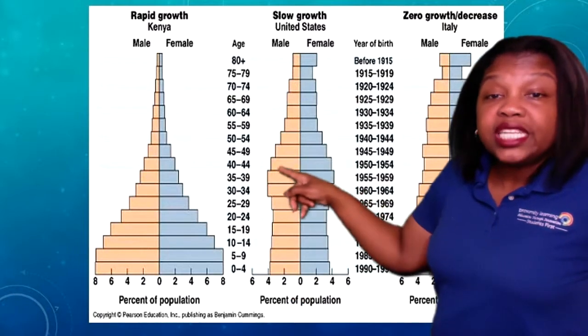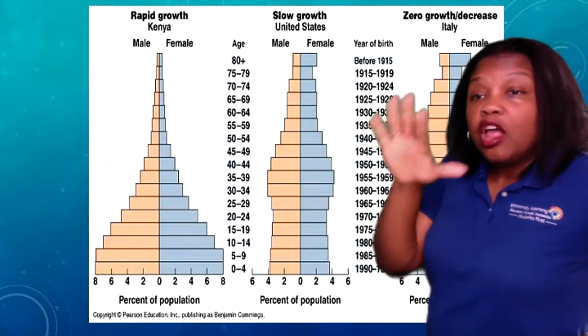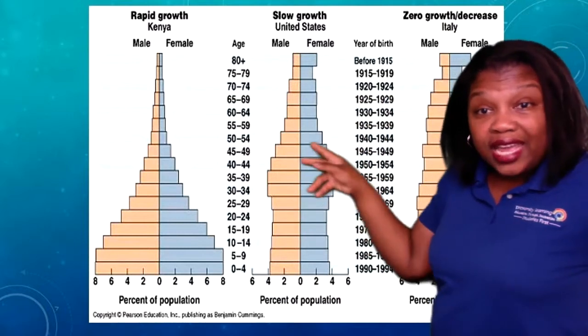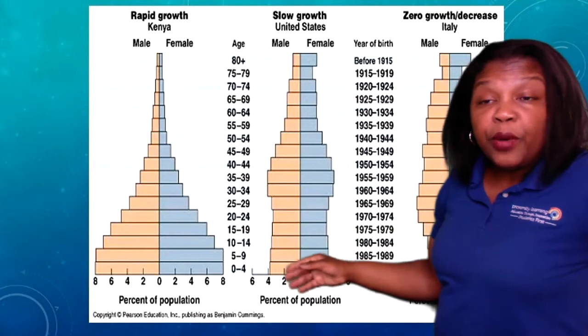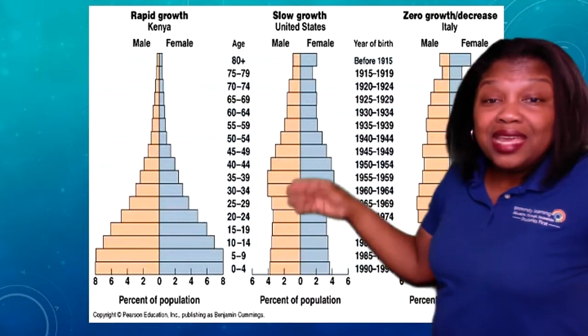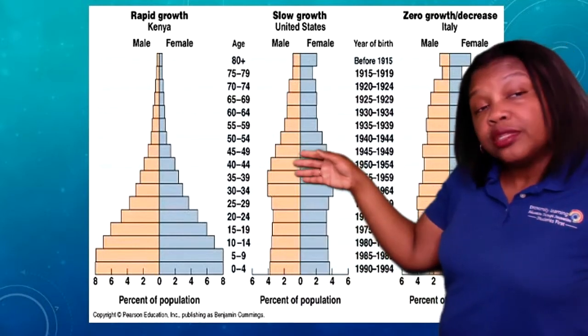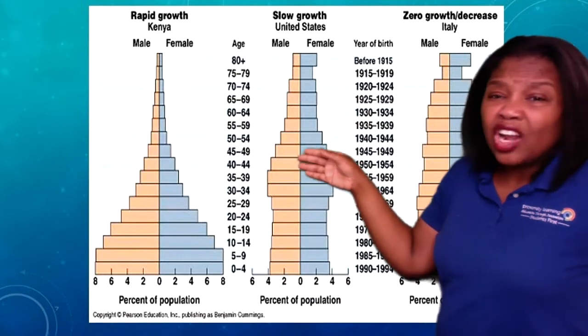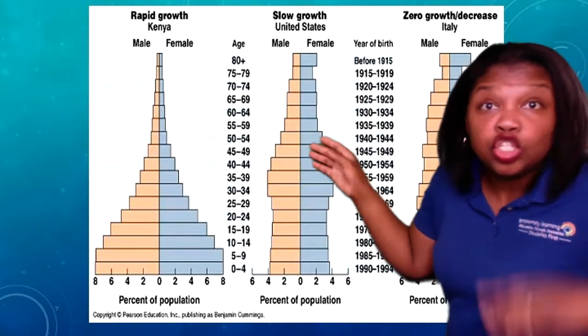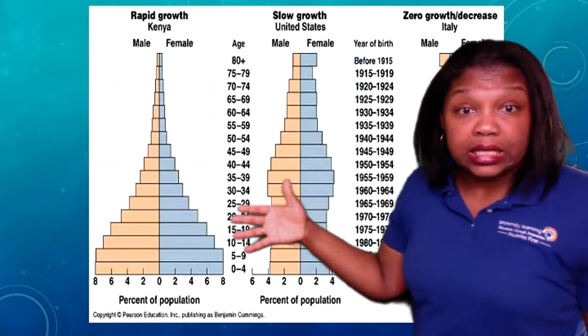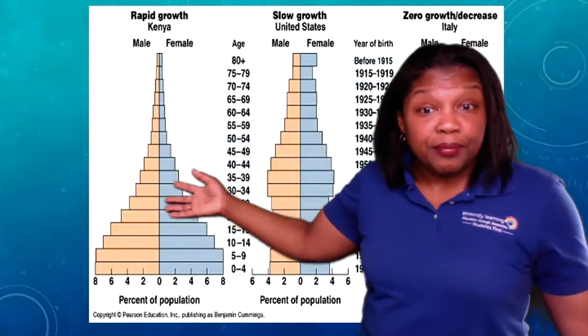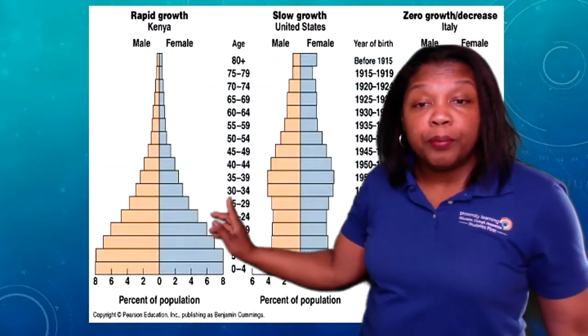So we seem to have more people in that 30 to 40 age range than we do people having children. So that's telling me that a lot of these older individuals, not all of them are having babies. And if they do have a child, it's not big families. Here, they're obviously having big families because look how many people are in the birthing age.